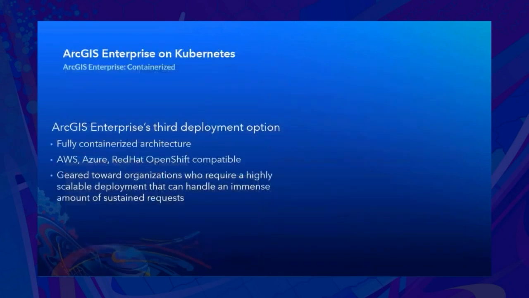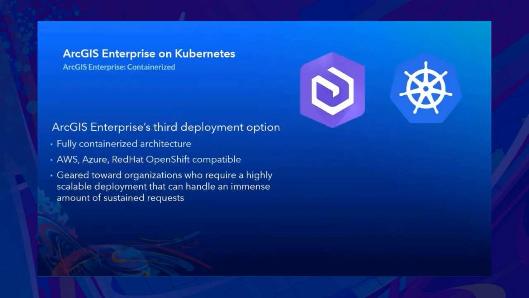Last, but again, certainly not least, I would like to introduce you all to Esri's newest ArcGIS Enterprise deployment type, ArcGIS Enterprise on Kubernetes. ArcGIS Enterprise on Kubernetes marks Esri's entrance into the cloud-native enterprise software space. The monolithic components of ArcGIS Enterprise, Portal, ArcGIS Server, Data Store, and Web Adapter have all been broken down into roughly 40 containerized processes.